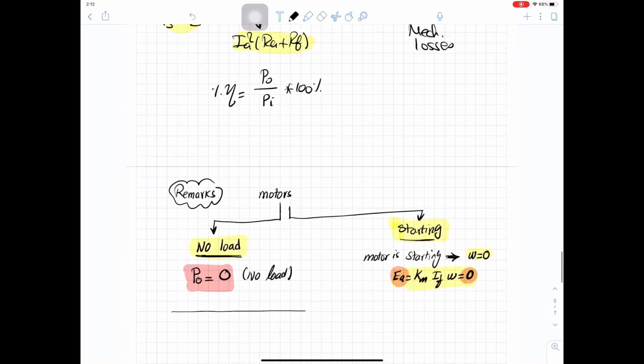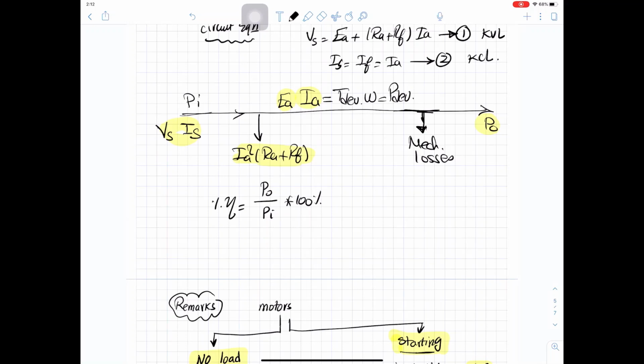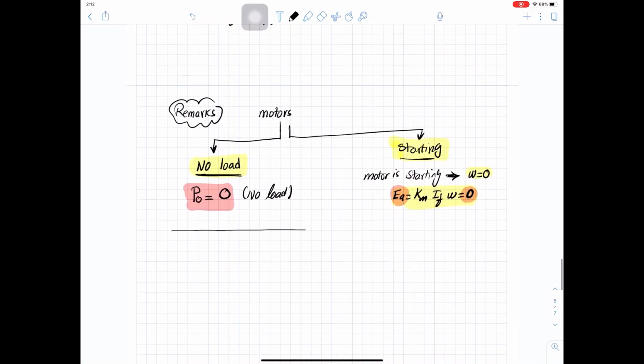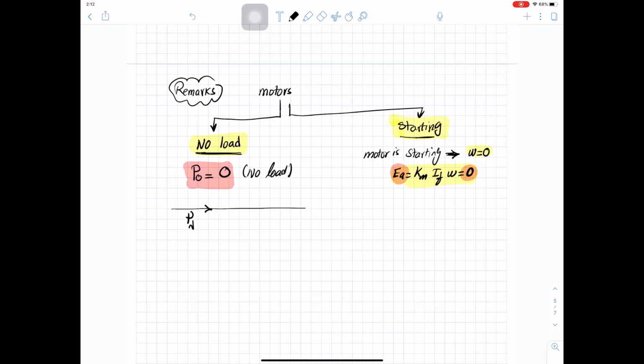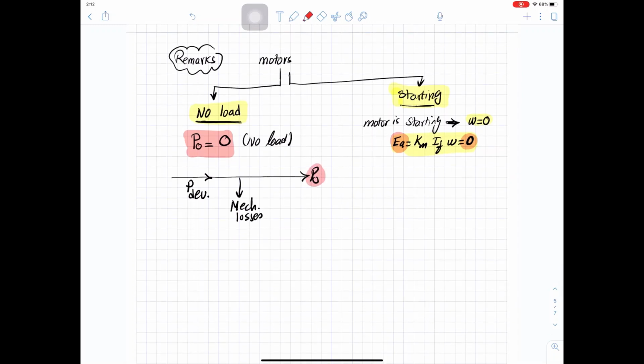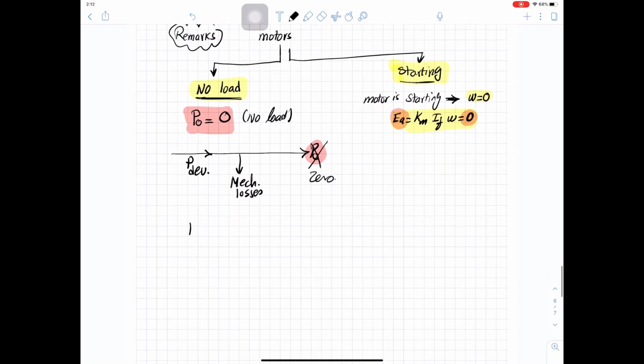If we look at the power flow diagram, we have P developed, we have mechanical losses, and we have P out. At no load, this P out is 0, which means that P developed equals the mechanical losses, and P developed is EAIA, so EAIA equals the mechanical losses.